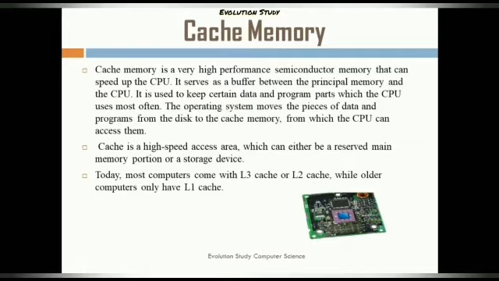The operating system moves pieces of data and programs from the disk to the cache memory, from which the CPU can access them. Cache is a high-speed access area which can either be a reserved portion of main memory or a storage device. Today most computers come with L3 cache or L2 cache, while older computers only have L1 cache.